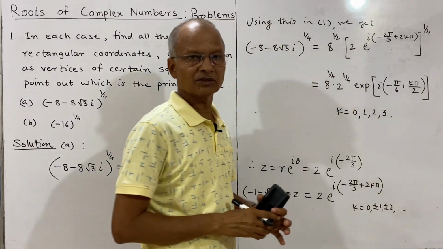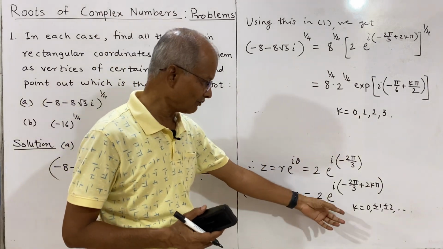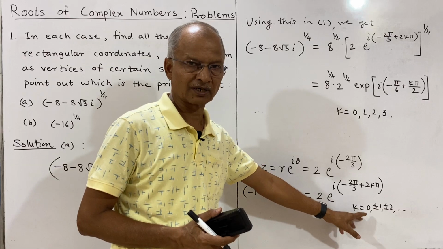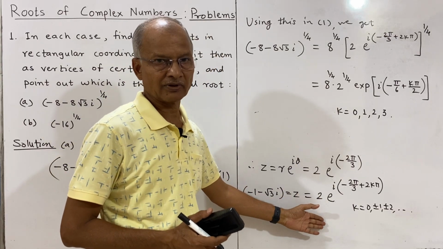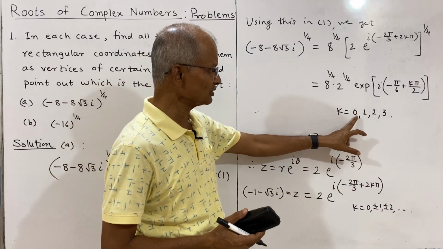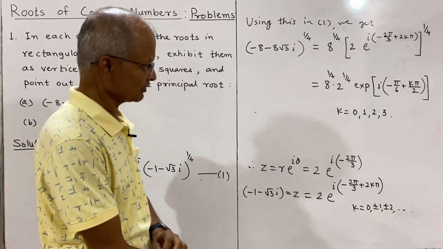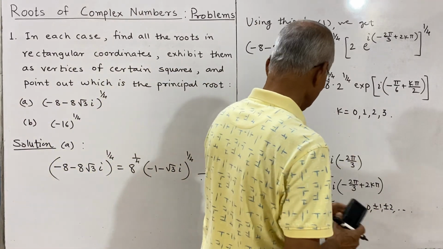This gives the distinct values of the 4 roots. Here we have written k as any integer, positive, negative, etc. But this will generate repeated values, and therefore distinct roots will be given by only these 4 values, and we shall consider k equal to 0, 1, 2, 3, starting with 0.